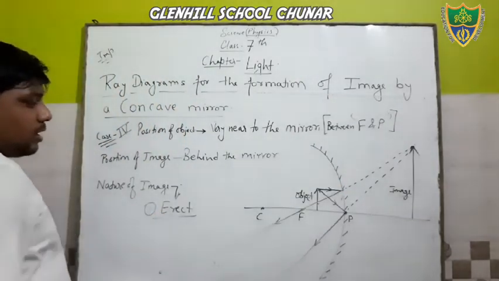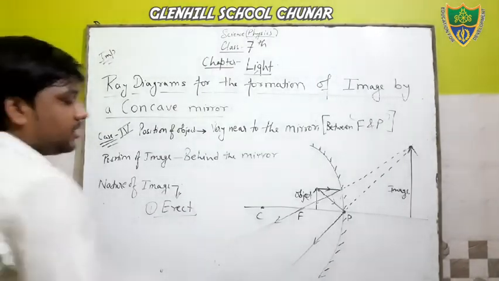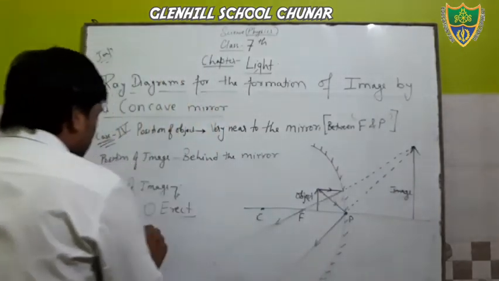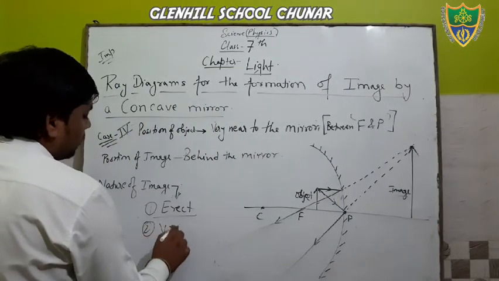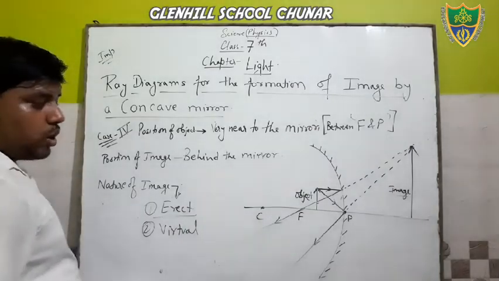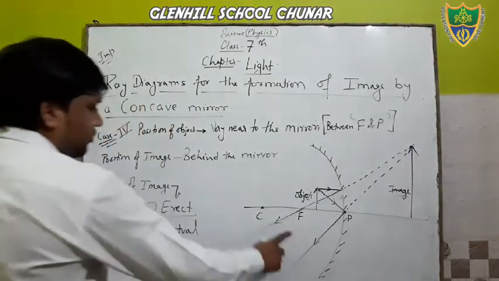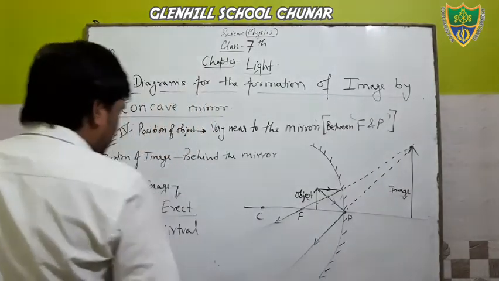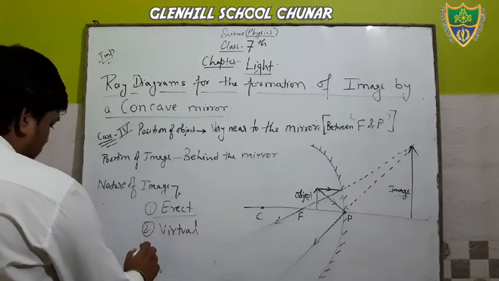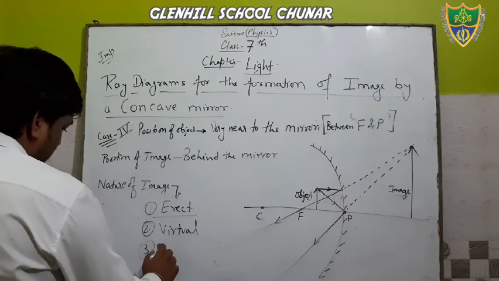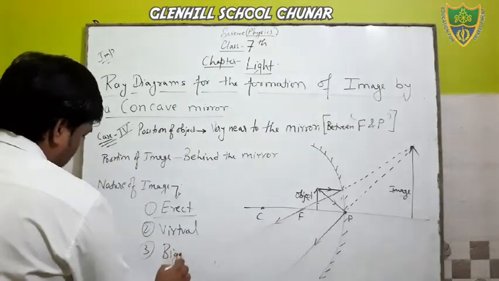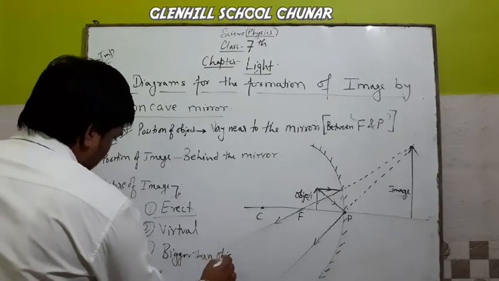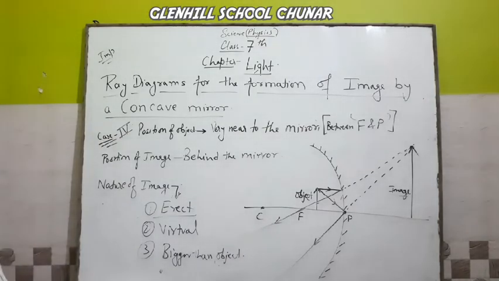First nature is erect, and the light does not actually meet, it appears to meet. So second is image is virtual. And third is size. Size is greater than what? Object. So you write here: bigger than object. Okay?